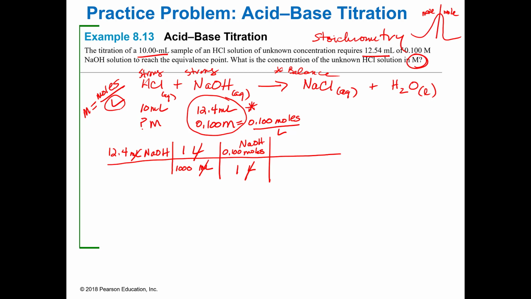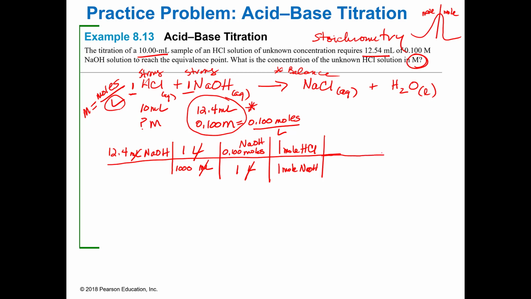I want moles per liter of my acid, my HCl. I have a balanced chemical equation where they are a 1-to-1 ratio. So for every 1 mole of NaOH, there's 1 mole of HCl, and I know that's 1, but I still write it because sometimes it's 2-to-1 or 3-to-1 or whatever.